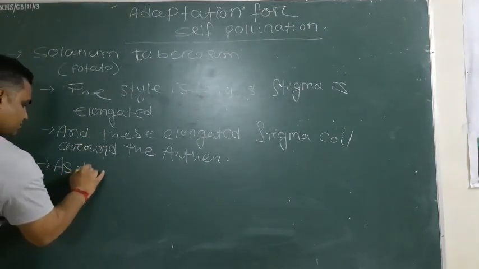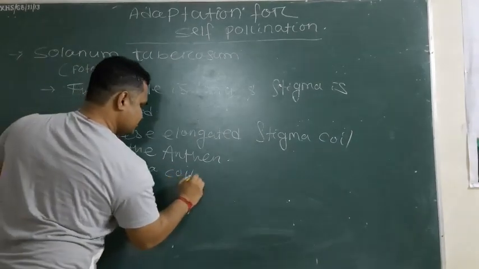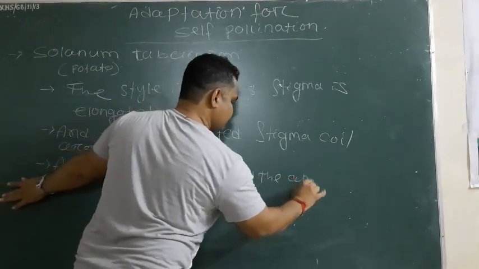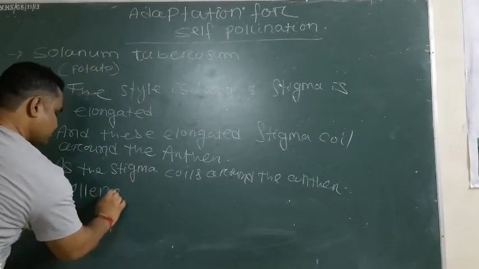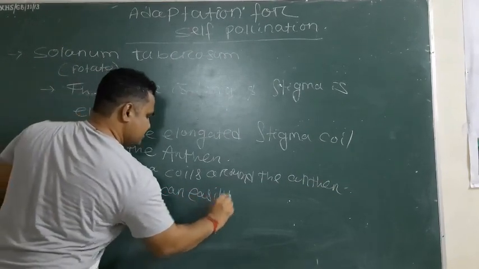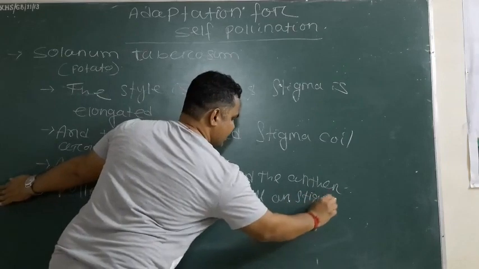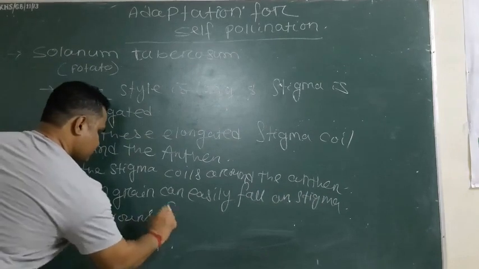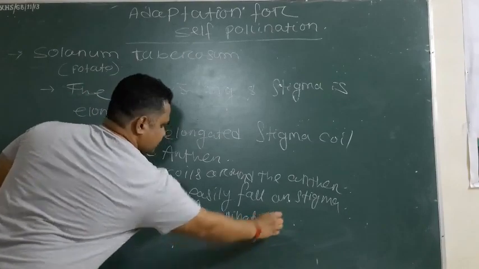As the stigma coils around the anther, pollen grains can easily fall on the stigma and favor self pollination. Are you getting my point?